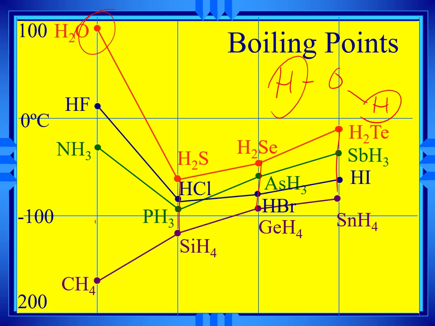So you expect water to be here if it could hydrogen bond once, but it's up here because it's got 2 hydrogen bonds. And 2 hydrogen bonds are going to stick together better than 1 hydrogen bond. So water, for such a tiny molecule, has a really high boiling point. So that makes it special.